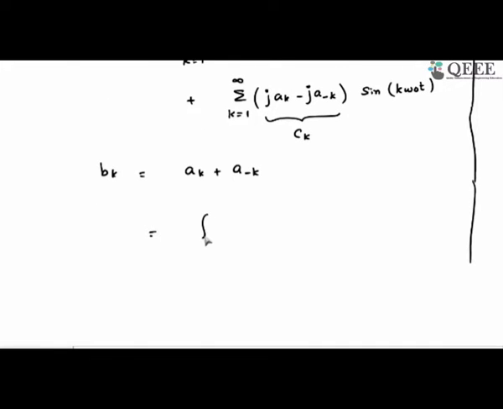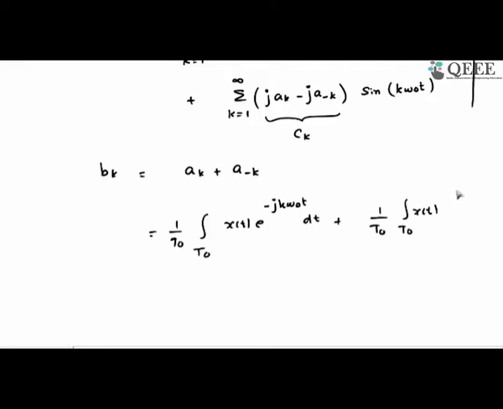But I know that ak is 1 by t naught integral over t naught x of t e power minus jk omega naught t dt, and a minus k is again 1 by t naught integral over t naught x of t e power plus jk omega naught t dt.